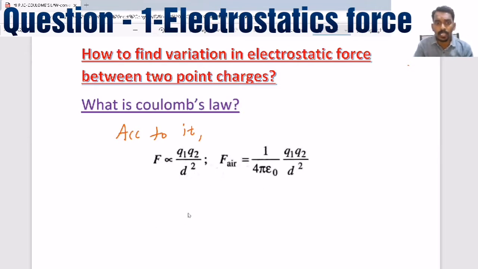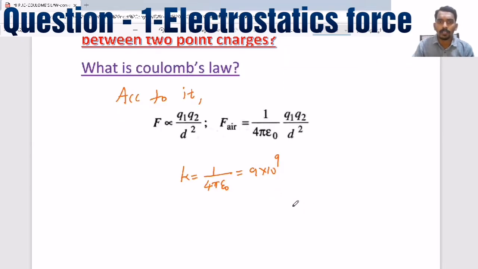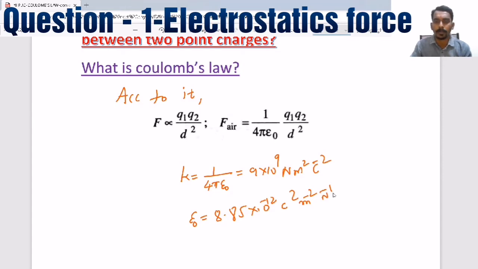Here the proportionality constant is k, that is 1 by 4 pi epsilon naught, which is 9 into 10 power 9, with units Newton meter square per coulomb square, where epsilon naught is the permittivity of free space, that is 8.85 into 10 power minus 12 coulomb square per meter square per Newton.